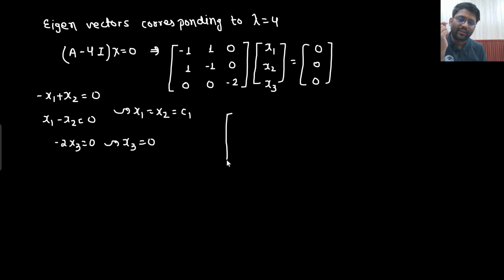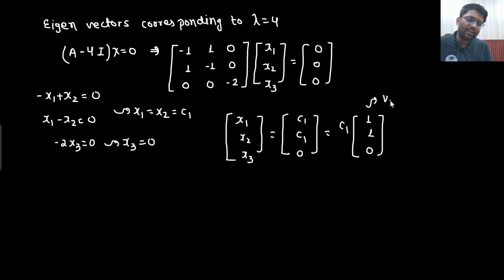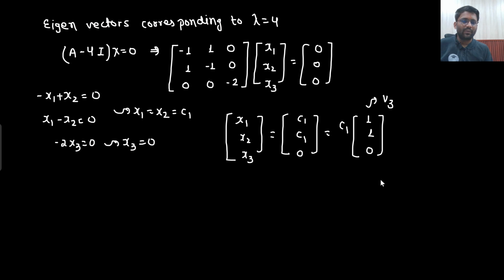So the solution vector we are getting is C1, C1 and 0. So C1 I can take common, and (1, 1, 0). Okay, so this is our third eigenvector v3. So three eigenvectors we are getting: v1, v2 and v3.